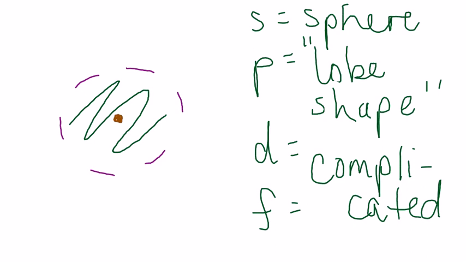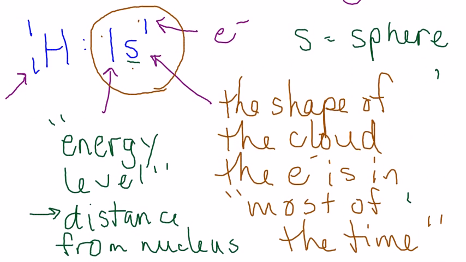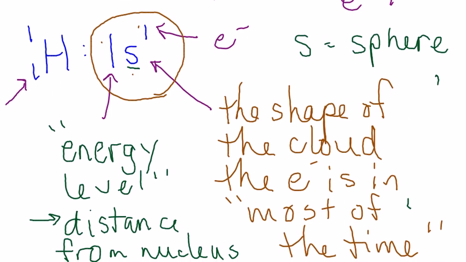So, again, let's slide back up to this, because this is what I'm asking you to take out of this video. The three parts of an electron configuration are the energy level, which is the number, the shape of the cloud, which is the letter, that's again the cloud that the electron is flying around in, and the exponent, which is the electrons.